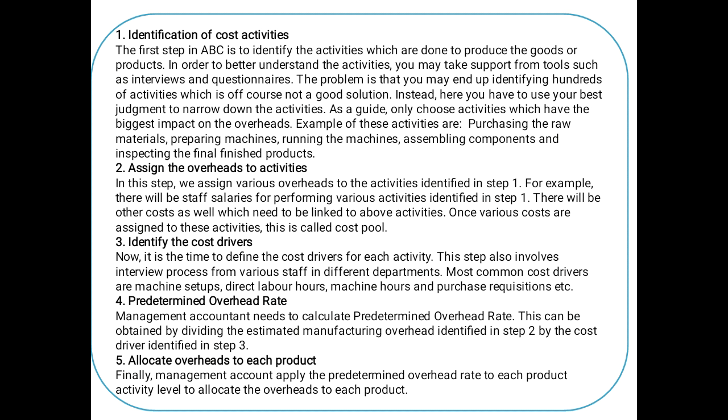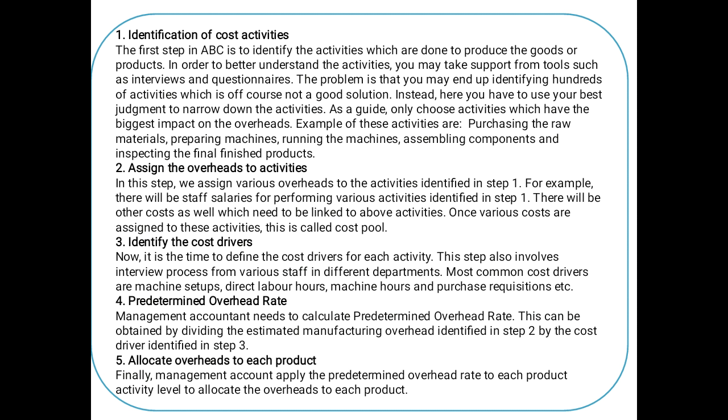Next is the predetermined overhead rate. The management accountant needs to calculate the predetermined overhead rate. This is obtained by dividing the estimated manufacturing overheads identified in step two by the cost driver identified in step three.